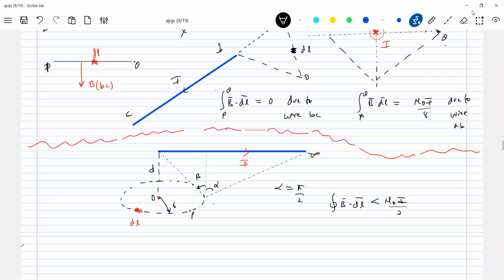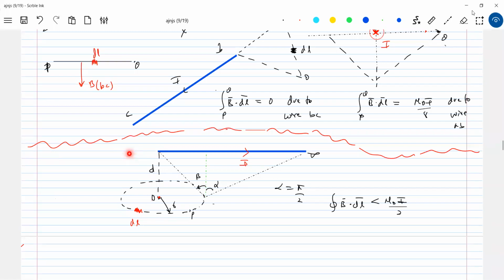So what to do for this? How to conclude this? Make it a total long wire. If it were a long wire, how much should it have been? If it is a long wire, how much would the value have been? Mu naught I by 2. If it were a long wire, it should have been mu naught I by 2, no?